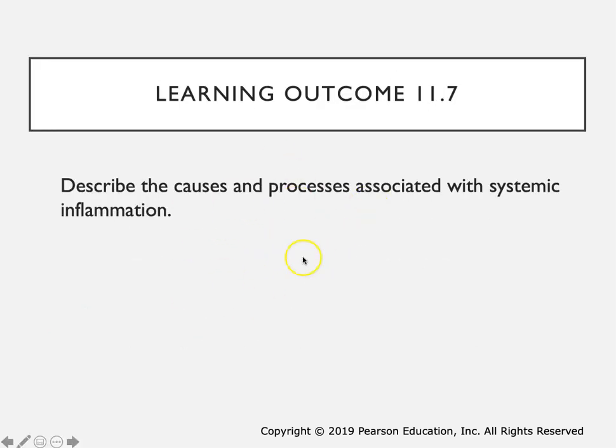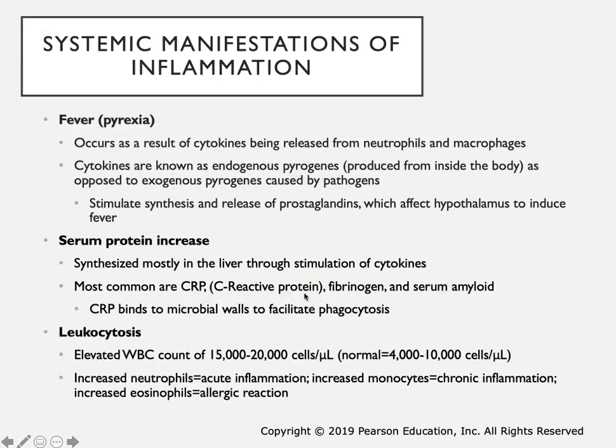So let's talk about systemic inflammation. What are some indicators of systemic inflammation? Fever, or pyrexia. In terms of how fever is induced, it's a result of cytokines that are released by neutrophils and macrophages.